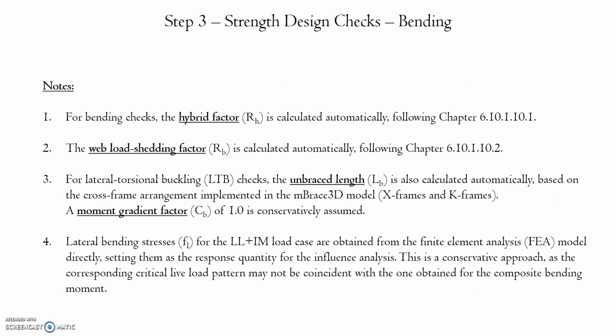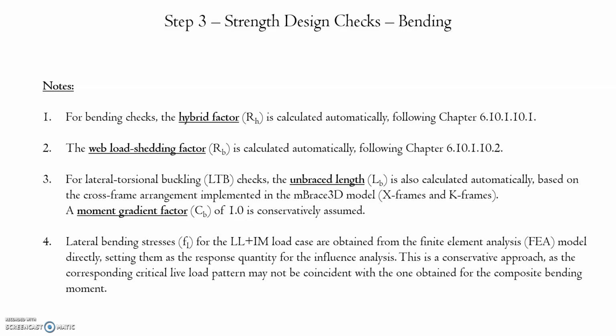Note that the hybrid factor R sub H is calculated automatically in case the flanges and the web have different grades of steel. The web load shedding factor R sub B is also calculated automatically, but maybe more importantly, the unbraced length L sub B, which is required for the LTB checks, is also calculated automatically based on the cross-frame arrangement that the user has implemented within the model.